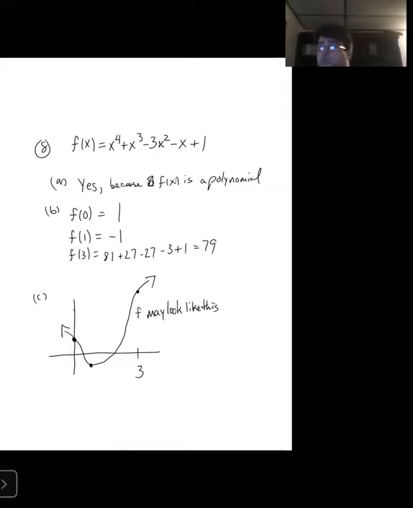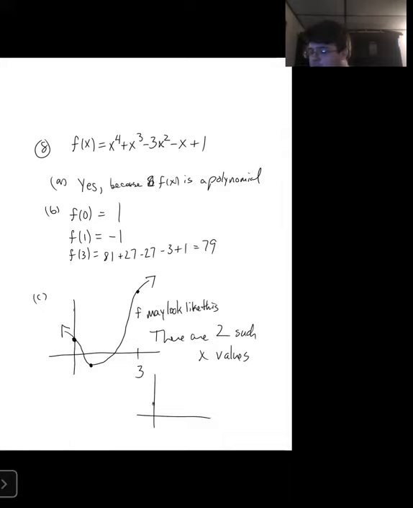So if your function looked like this, there are 2 such x values. But we don't know necessarily that the function looks like this. I'll squeeze this in the bottom of this page.